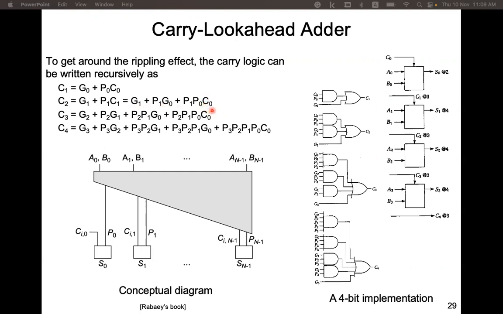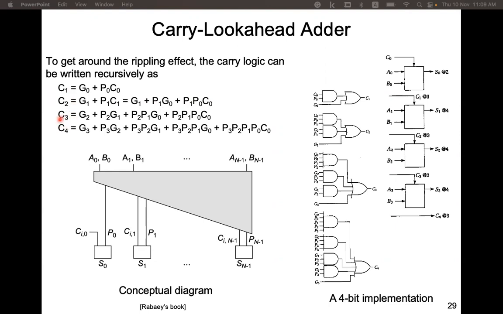All the G and all the P values can be obtained immediately when the input comes in, after a short delay. You don't need to wait for the carry in. And C0 is the primary carry in, available immediately. So if we express C2 in this way, there's no need to wait for the carry to propagate stage by stage.